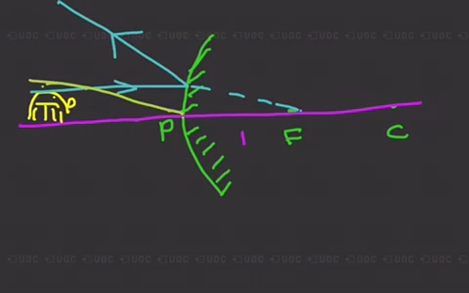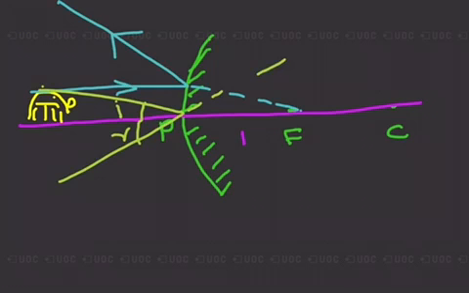I don't know why I can't draw this. Okay, i equals r, and now if you extrapolate this, there's going to be this apparent convergence of the two rays you will see here. Over here at I, and that is going to be the image of the dog.